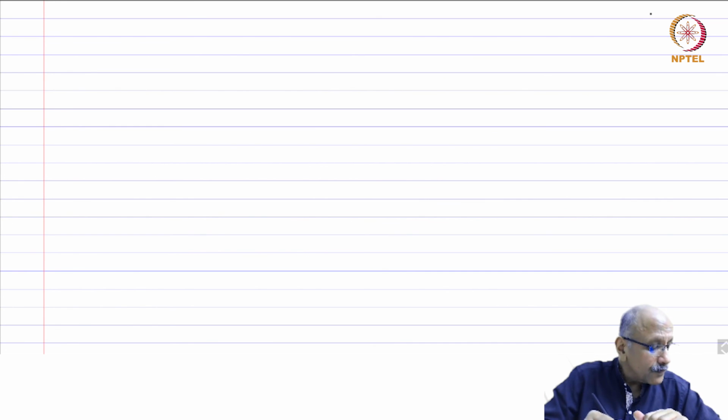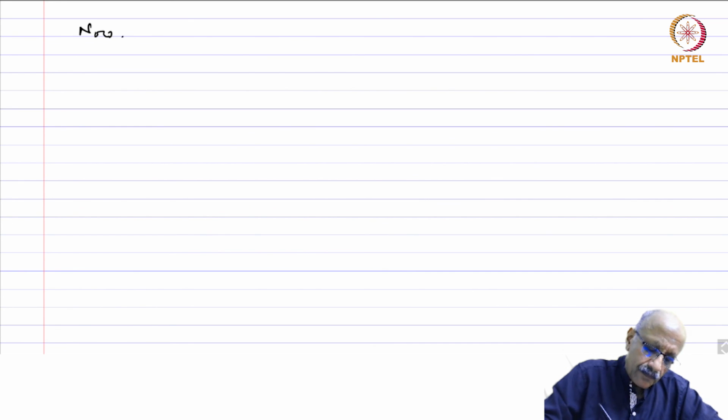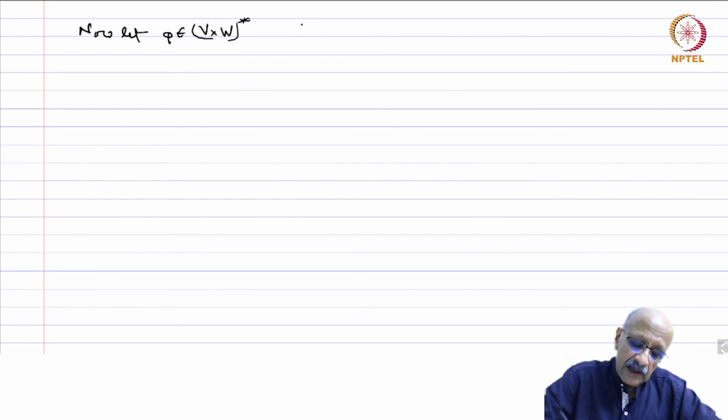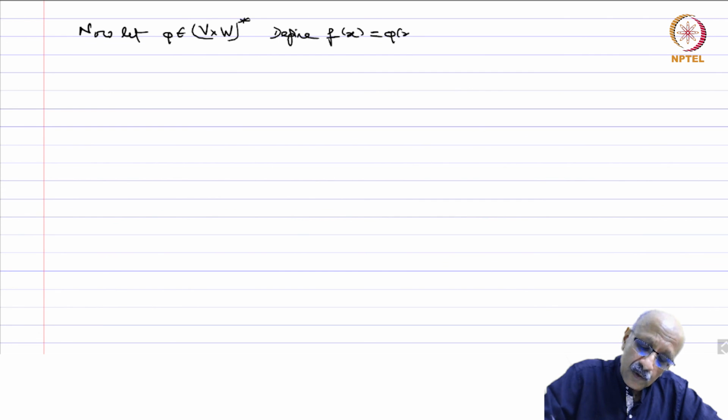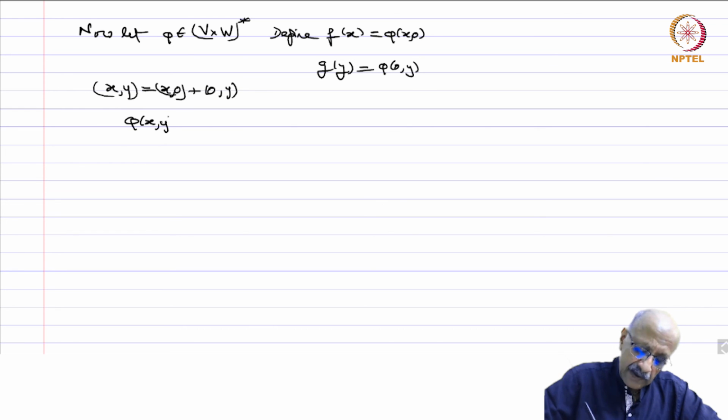Now we want to show the converse. Let phi belong to the dual of V cross W, any element in the dual. Define f to be f of x equals phi of (x, 0), and define g of y to be phi of (0, y). So (x, y) is (x, 0) plus (0, y), and therefore phi of (x, y) by linearity is nothing but f of x plus g of y.